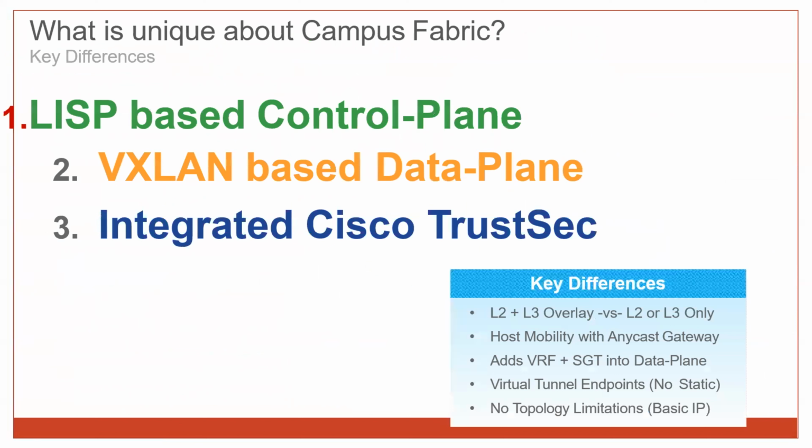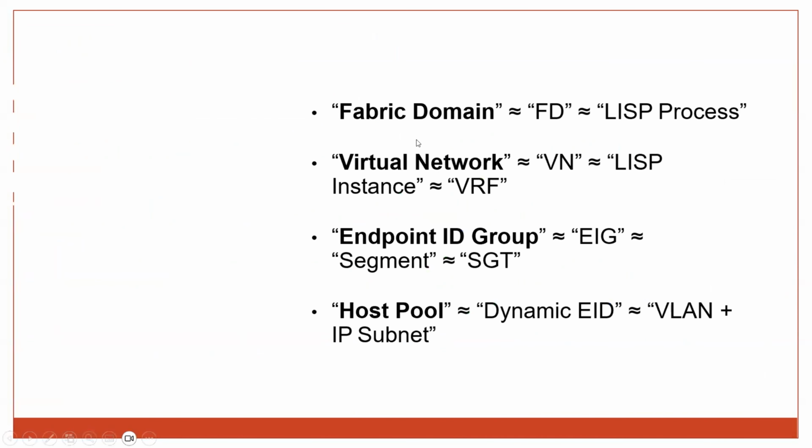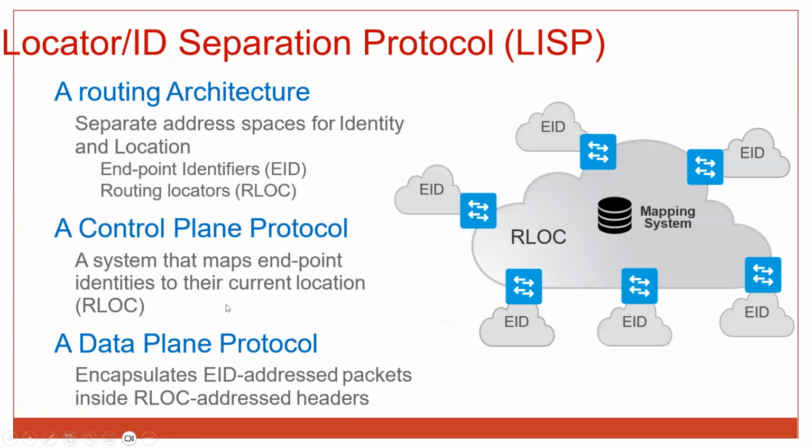LISP is the control plane, VXLAN is the data plane between edge devices, and then you have the policy plane. So you can see control, edge, border, and intermediate nodes, which are non-LISP forwarders. Then you have fabric domain, virtual network, endpoint IDs, host pool. These are the terms you will understand in SDA.